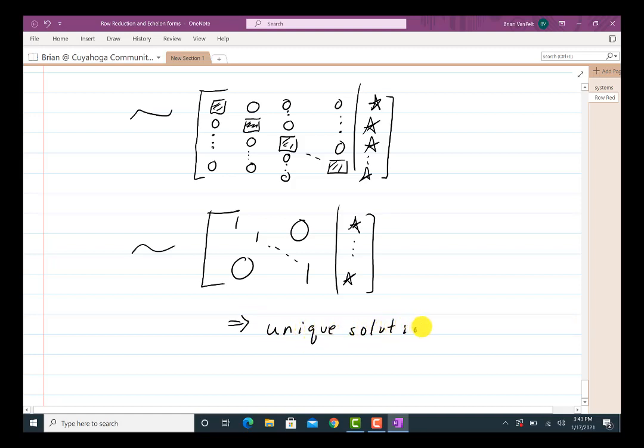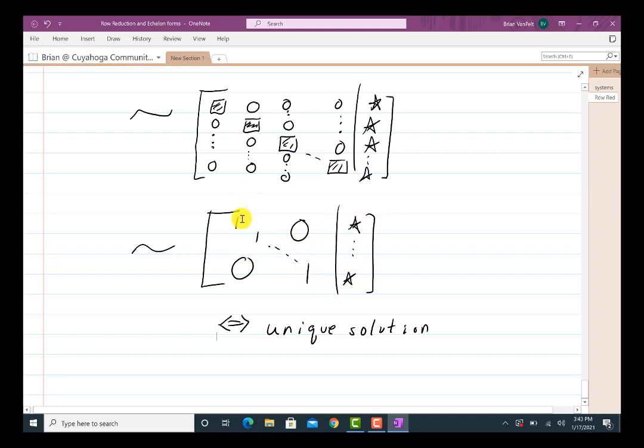Now, if you recall, the theorem was if and only if. Well, true to form, I could change this arrow to an if and only if arrow, because if instead I start at the bottom here, and let's say I have a unique solution, I would know the value of each variable. That means I could set up a system or an augmented matrix immediately like this, since I know the answers to each of the variables.